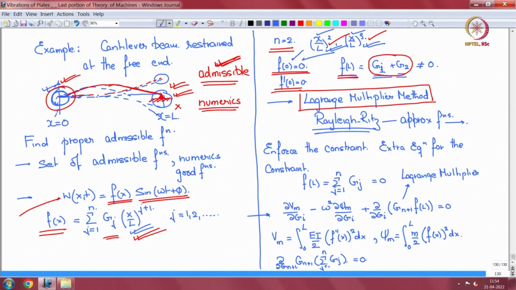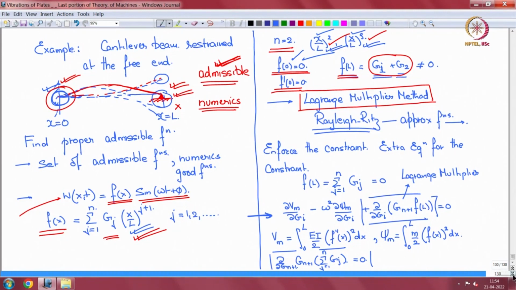So the original equations are here with this augmented term. Then you have the constraint equation that is differentiated with respect to Gn plus 1. Gn plus 1 is actually the Lagrange multiplier.